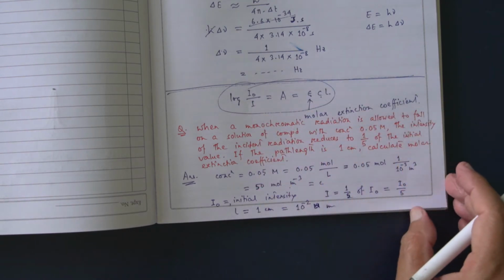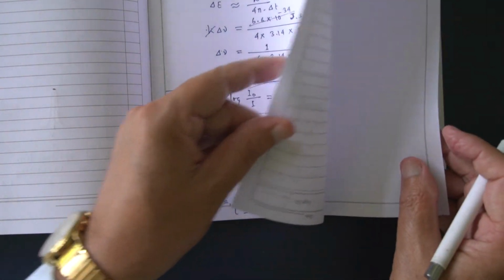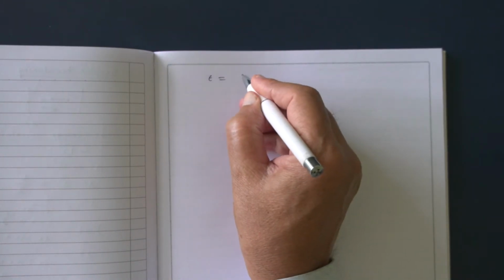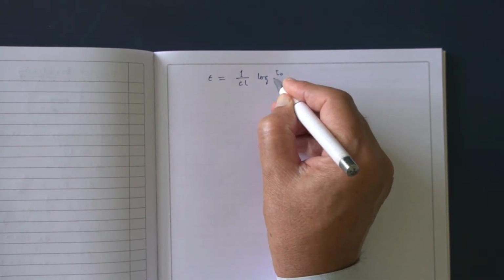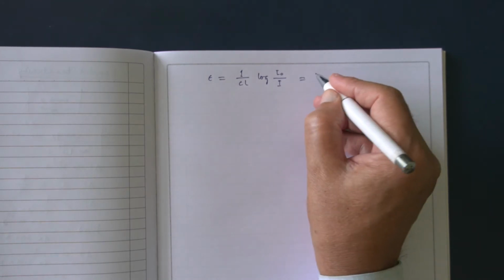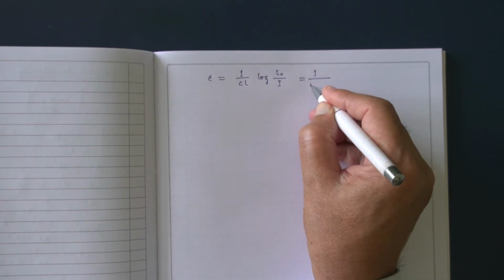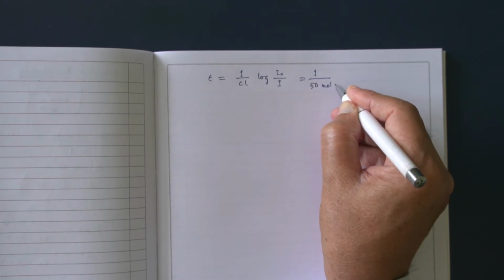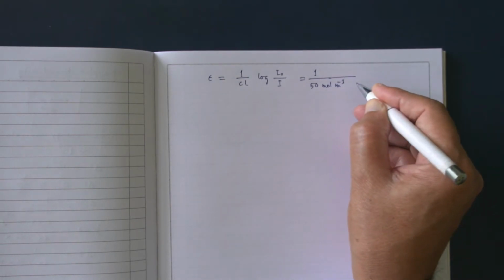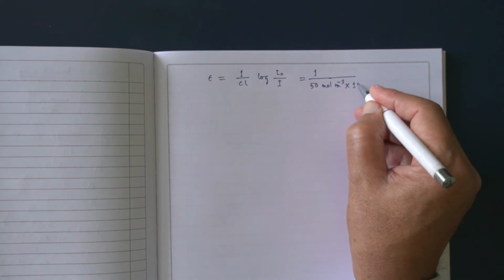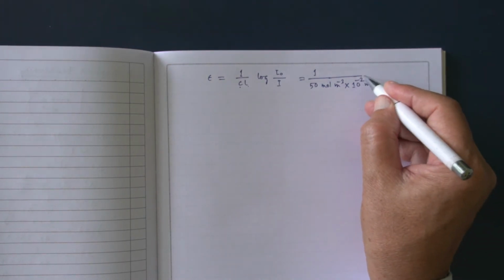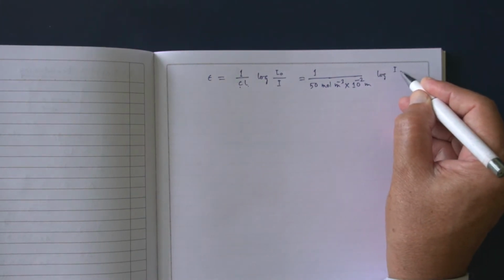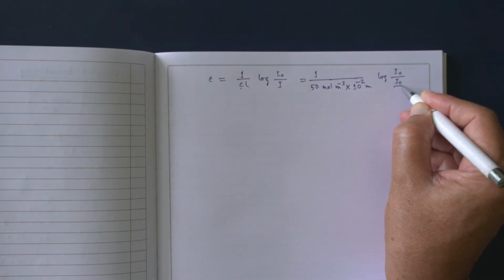The value of epsilon will be equal to 1 by CL into log I naught by I, that is equal to 1 by 50 mole per meter cube into 10 to the power minus 2 meter, into log I naught by I naught by 5.